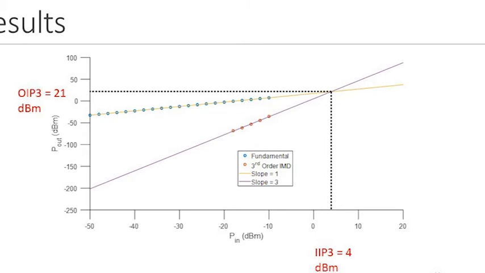And for the output IP3, it was around 21 dBm. Having a high IP3 means that the amplifier is a high performance amplifier and doesn't approach saturation at low level powers. And with that, that concludes our experimental results.